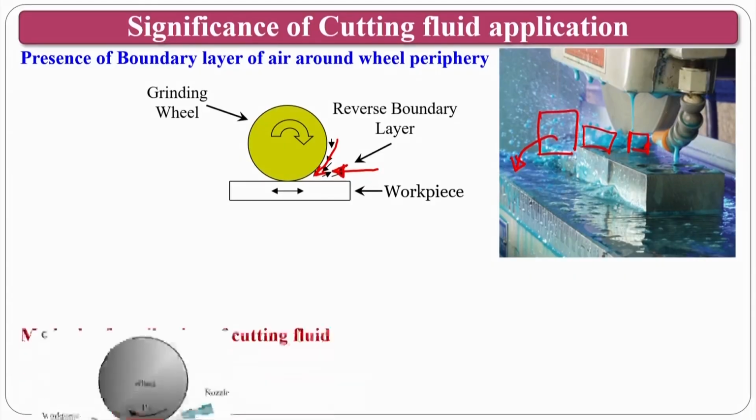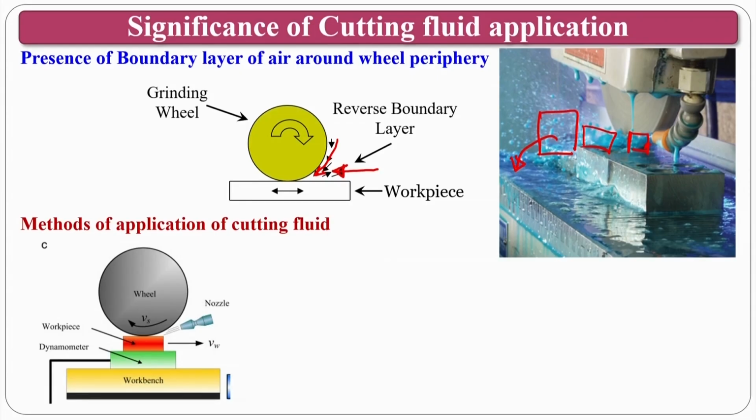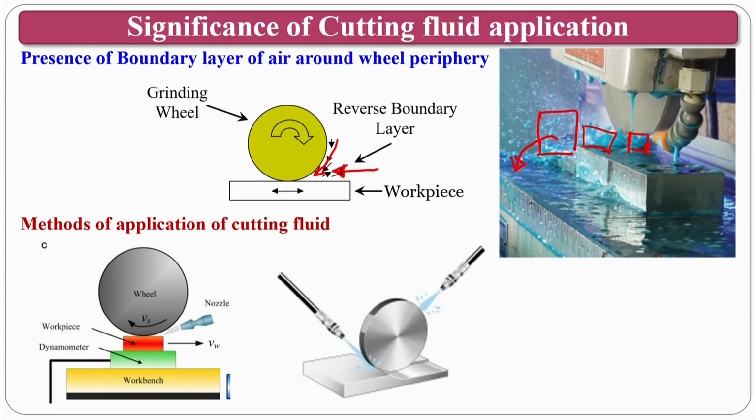Okay. You can go through them. As for the methods of application, normally people, as I said, can send it with high pressure, or use flood cooling and other things. People also use multiple jets, one jet from this side, another jet from this side. But this enhances the consumption of cutting fluid.